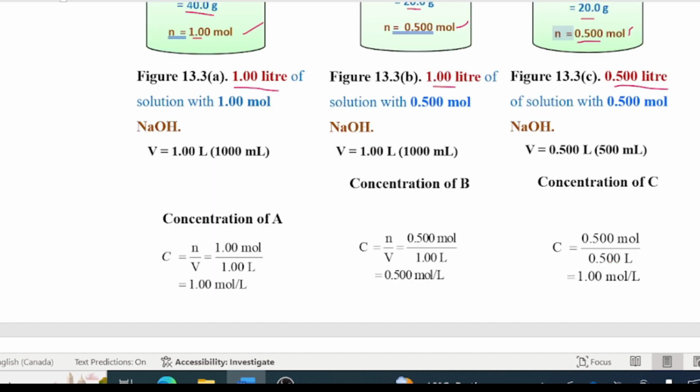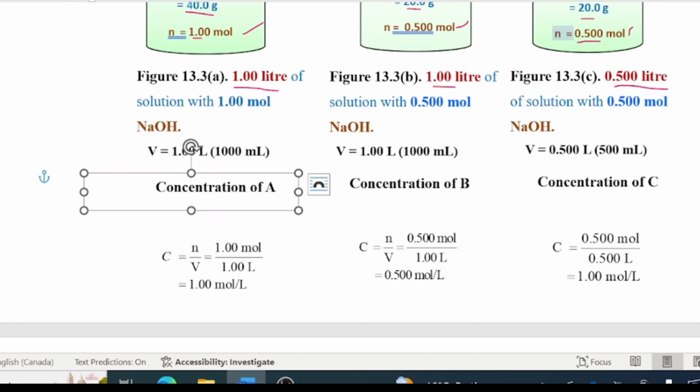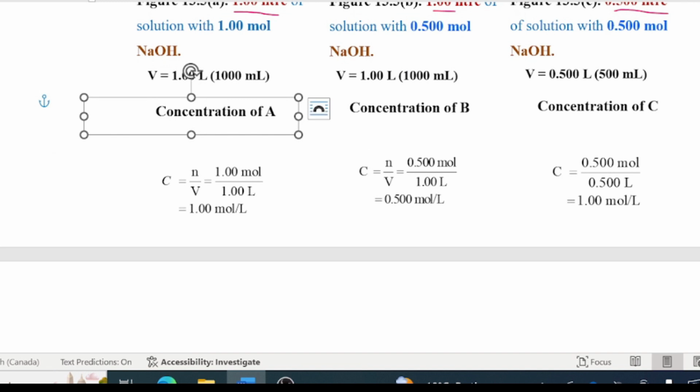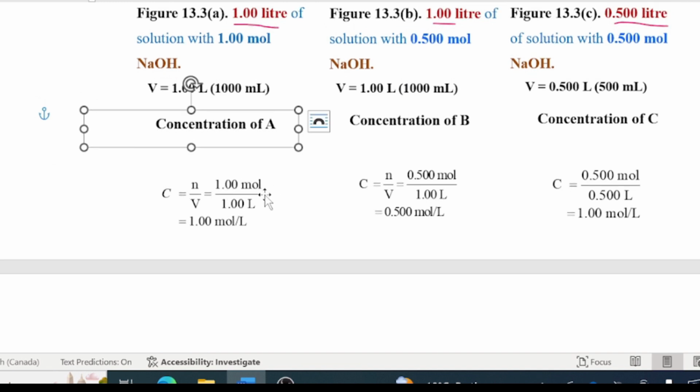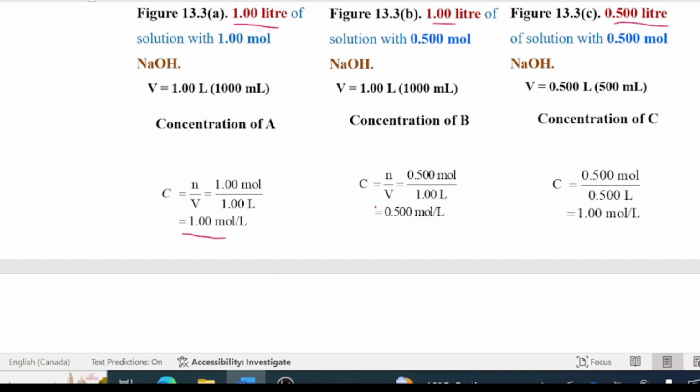Here are our calculations. So what we do, C is equal to n over V. Number of moles in this case is 1 mole, and that is over 1 liter. We get this concentration here. That's half a mole, that one there, and you get the same concentration here. See?